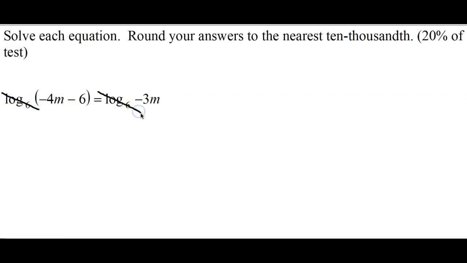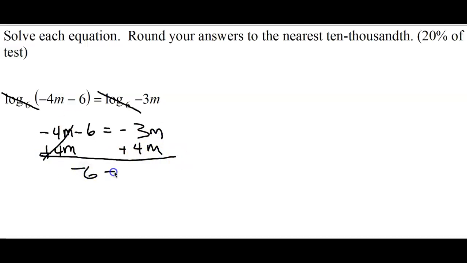So in this case, you're just going to go ahead and take off the log on both sides. And then from there, you just solve it like you normally would. Simple equation. And we get negative 6. Remember, your answer cannot make the argument 0. So if you were to plug in negative 6 here, right?